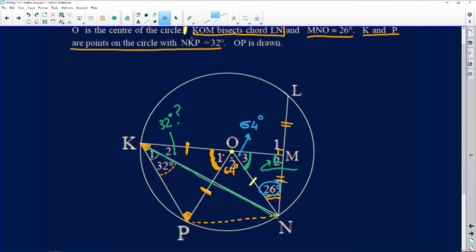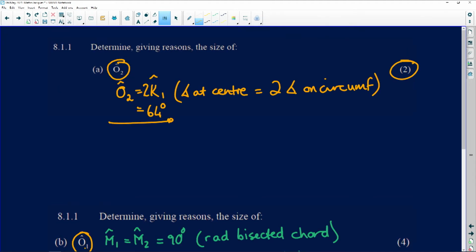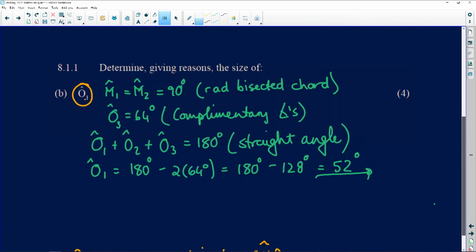So what are we going to do? We're going to say, let this be P. And we're going to say that these two 64s have got to give me P plus 32 plus this angle. So two of those P plus 32s, because those two angles are equal. So let's write the reasoning down. The angle at K is equal to the angle at P. That's where we're going to start.